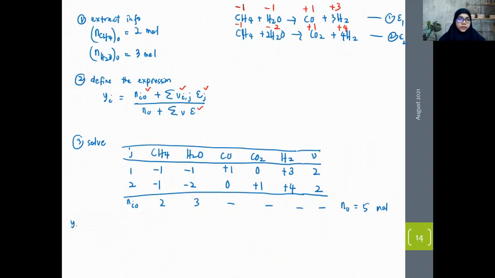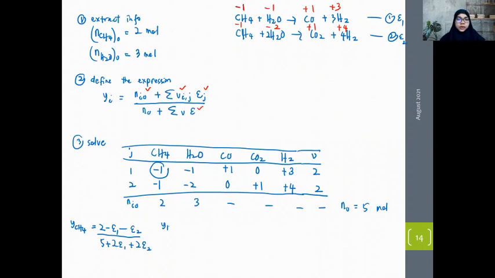So for CH4, the initial is given as 2, minus 1 times the first reaction coordinate, minus the second reaction coordinate, over the total moles, which is 5 plus 2 times the first coordinate plus 2 times the second.